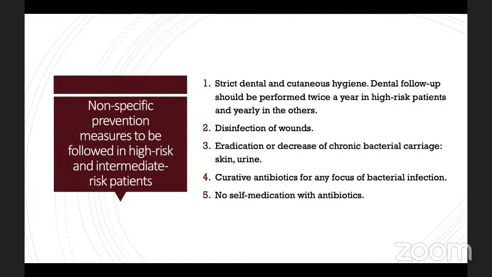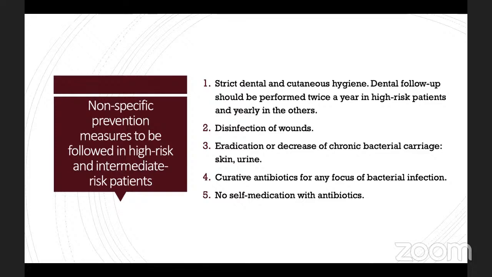Non-specific prevention measures to be followed in high-risk and intermediate-risk patients. 1. Strict dental and cutaneous hygiene. Dental follow-up should be performed twice a year in high-risk patients and yearly in others. Disinfection of wounds and eradication or decrease of chronic bacterial carriage in the skin or urine.